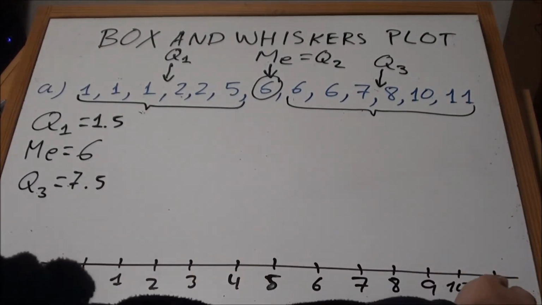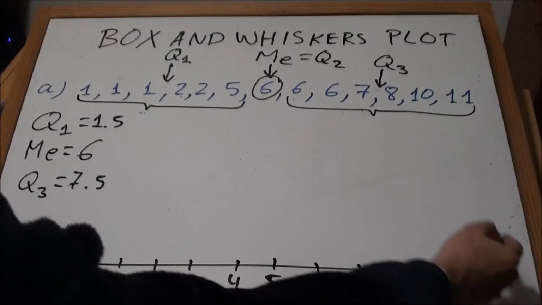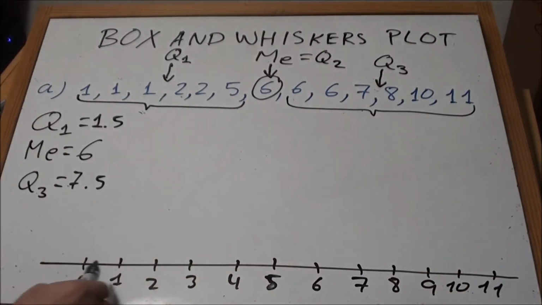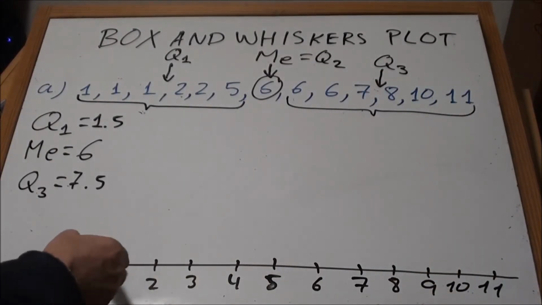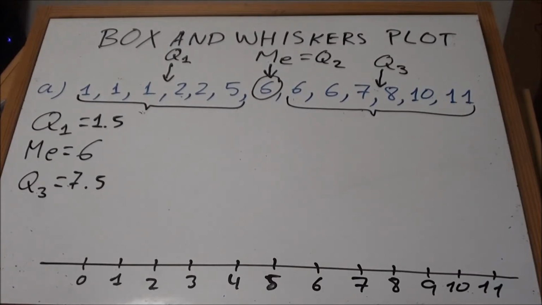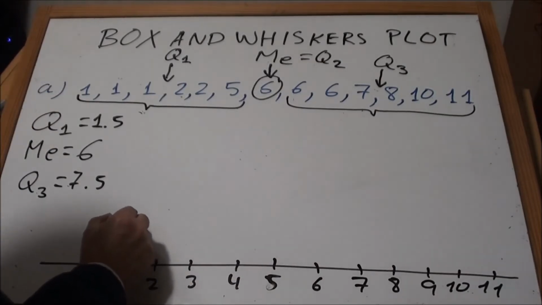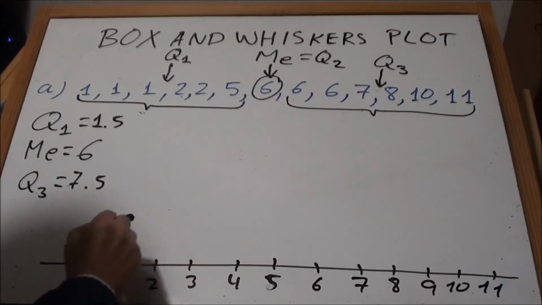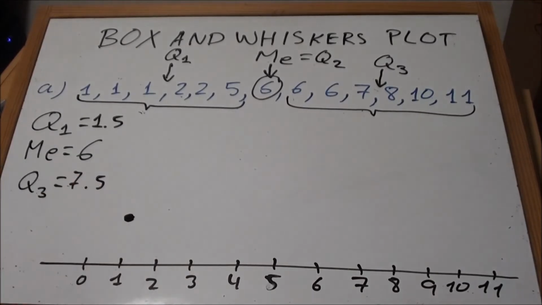We can go on, but we don't need to, because 11 is the greatest number. And here we wouldn't need 0, but it is here, so it's okay. Okay, so now what do we do? We start with the lowest number, the minimum, which is 1. So we put a dot here on number 1.